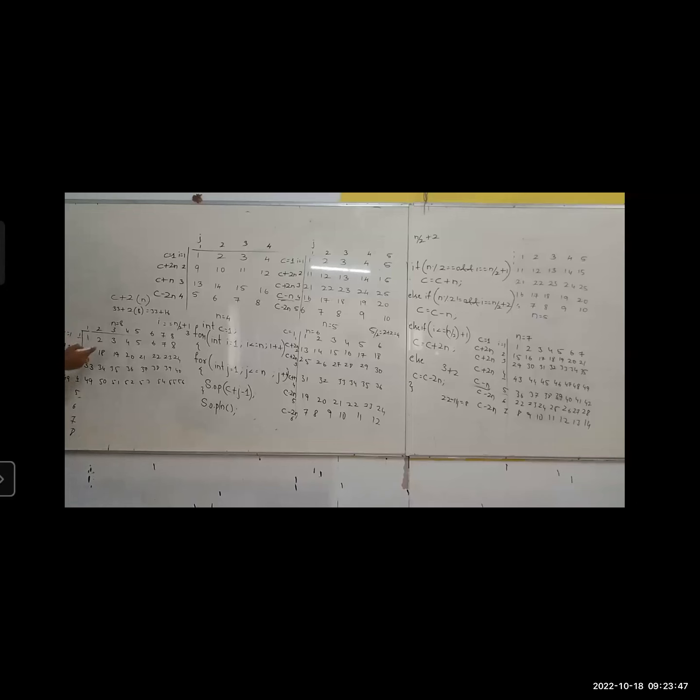Because 1 to 8. Here I should get 9, 10, 11, 12, 13, 14, 15, 16, 17, 18, 19, 20, 21, 22, 23, 24. Here 25, 26, 27, 28, 29, 30, 31, 32, 33, 34, 35, 36, 37, 38, 39, 40. So here 41, 42, 43, 44, up to 48. Then from 49.